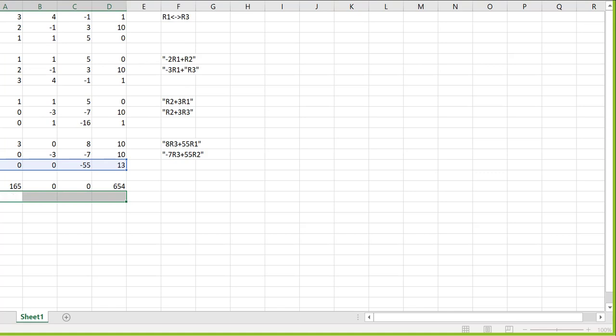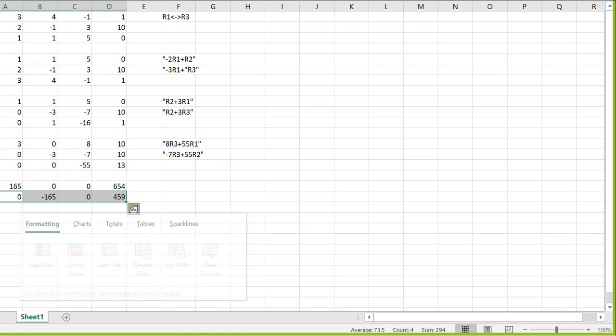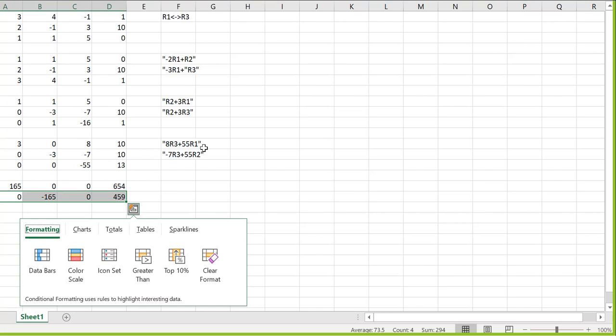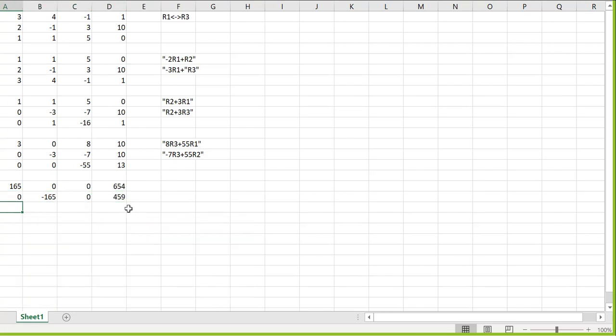And then we're going to add to that 55 times our row 2, which is A14 through D14. And Shift Control Enter, and we get the following value. And then lastly, our row 3 isn't going to change, so this is equal to A15 through D15.